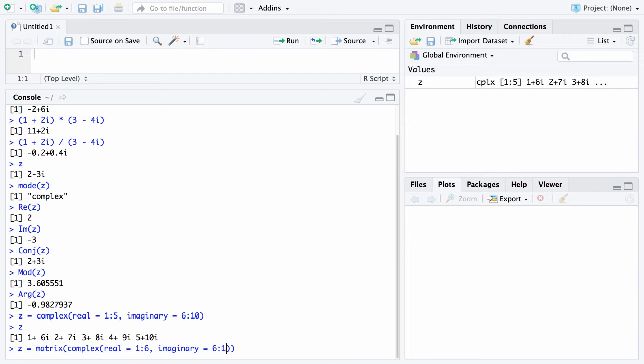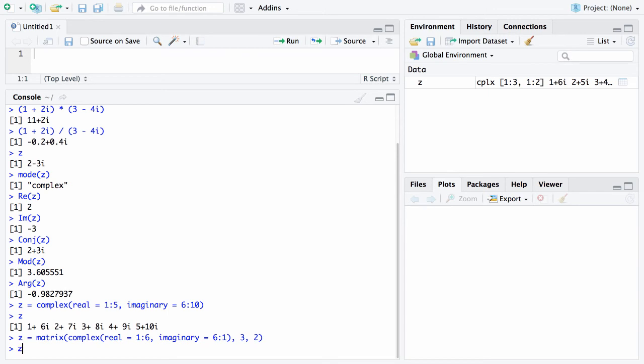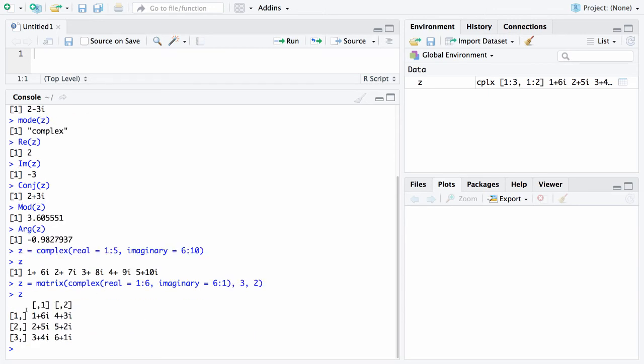Now we are in the matrix function, so we had better define some dimensions, and let's say this is a 3 by 2 matrix. And when you type z, you see there is in fact a 3 by 2 matrix, and the elements in that matrix are complex numbers.